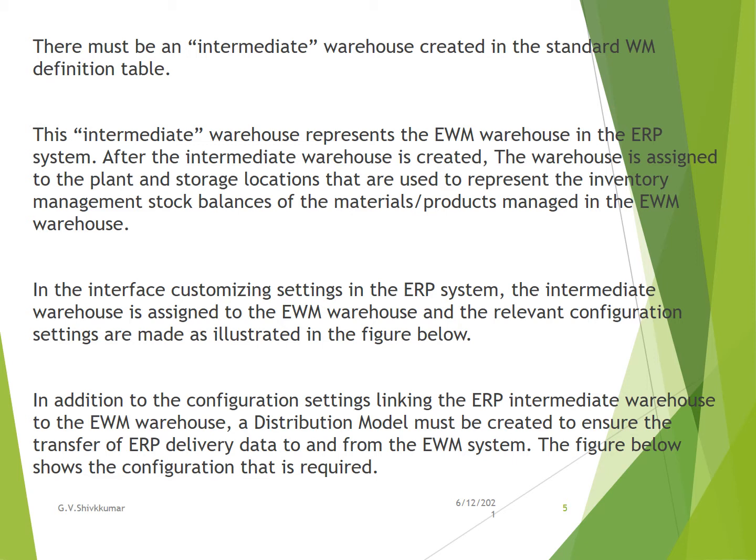So to set up the linkage between the source and the destination systems, to ensure the transfer of ERP delivery data to and from the EWM system. The transfer of transactional data is to and fro. It is transferred from ECC to EWM, and once a document is updated in EWM, the same data will update the delivery.